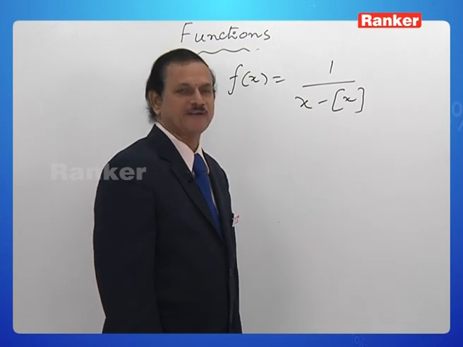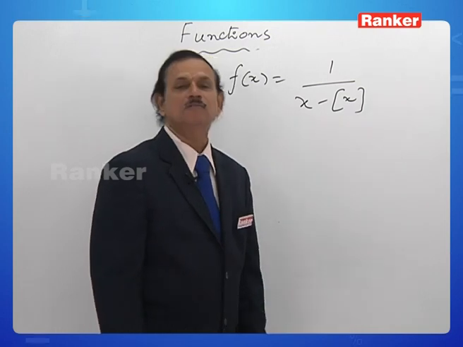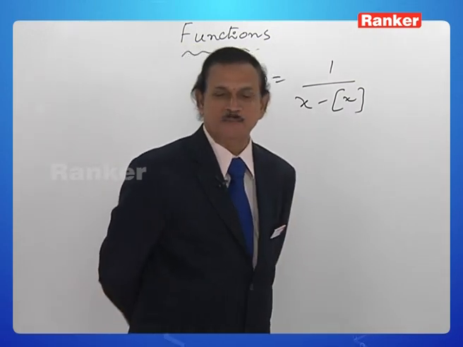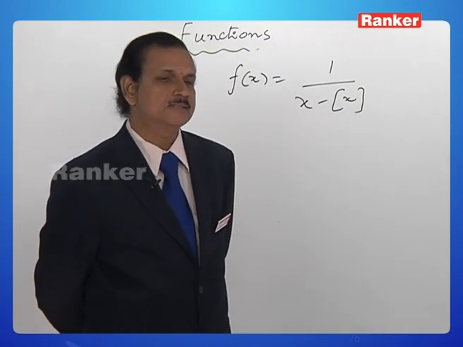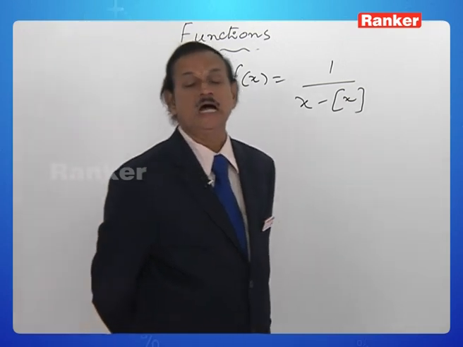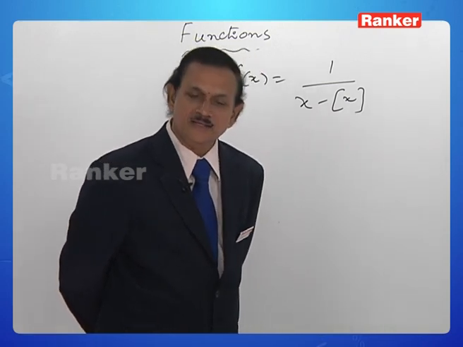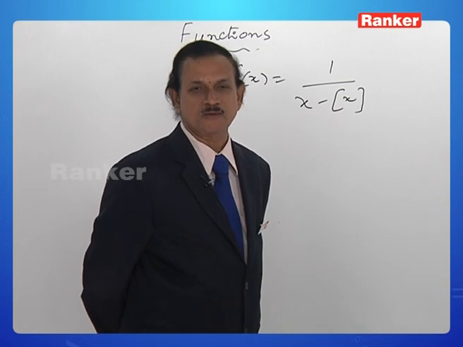Enough precautions are to be taken such that x minus integral part of x may not be 0. Let us now see, when can that become 0? It can become 0 when x minus integral part of x is 0. That is, x is equal to integral part of x, and it happens when and only when x is an integer. Integral part of 1 is 1, integral part of 2 is 2, integral part of 3 is 3.